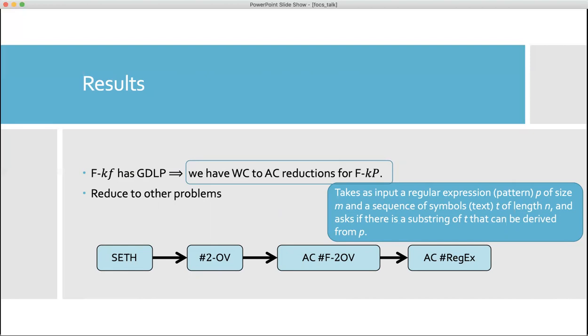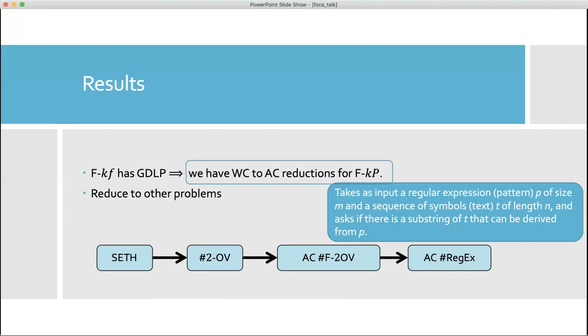I have regular expressions as an example here. So the regular expression problem is the following. It takes as input a regular expression p of size m and a sequence of symbols, or what we call text, t of length n, and asks if there is a substring of t that can be derived from p.